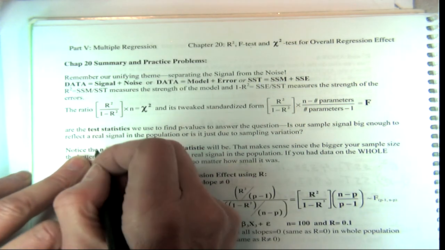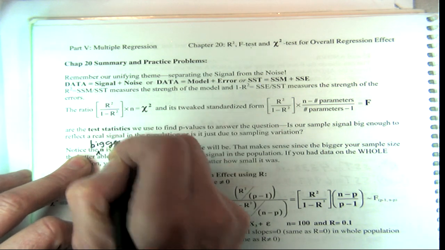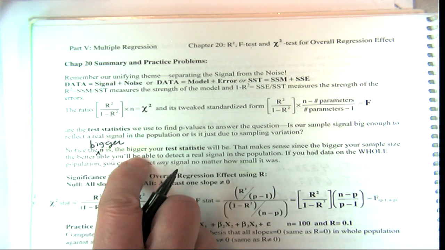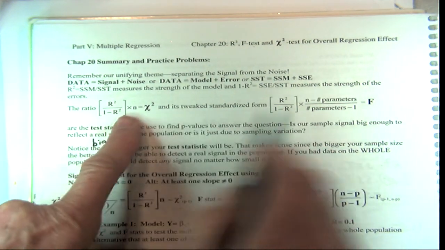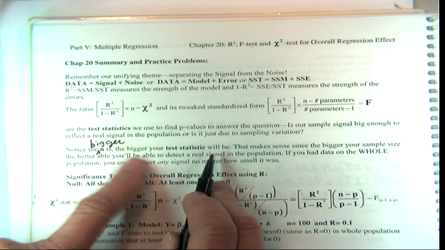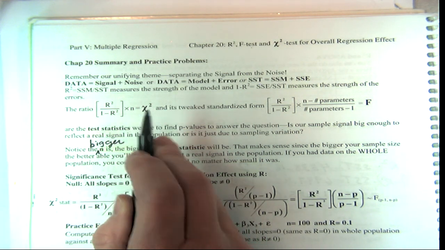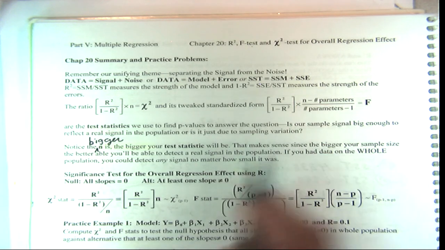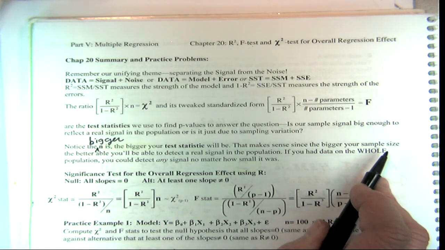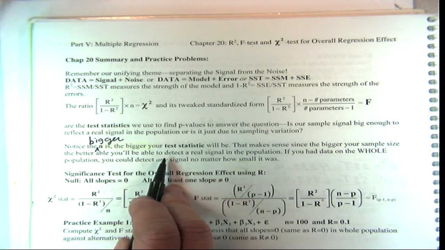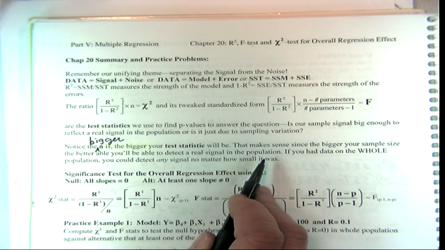Notice, the bigger n is, once you simplify it, I love this form of it, the bigger your test stat will be. When n is bigger, you have a bigger sample size, chi-square will be bigger, and so will F. That makes sense, since the bigger your sample size, the better you'll be able to detect a real signal in the population, a signal that's really there.